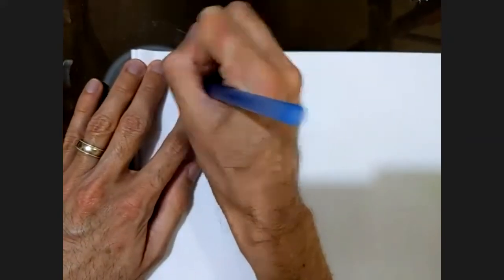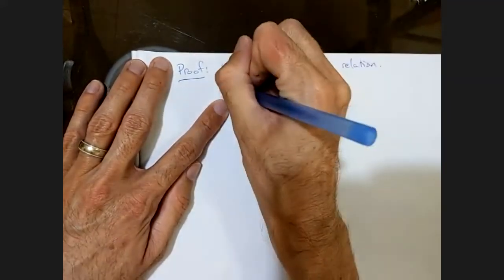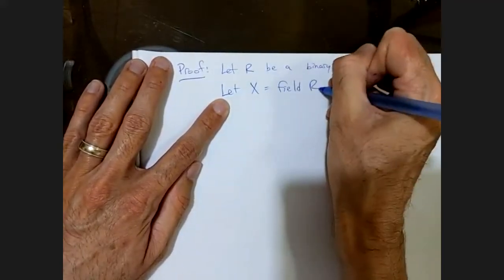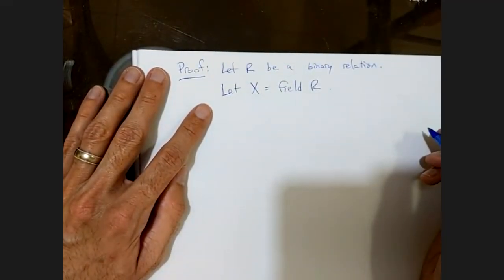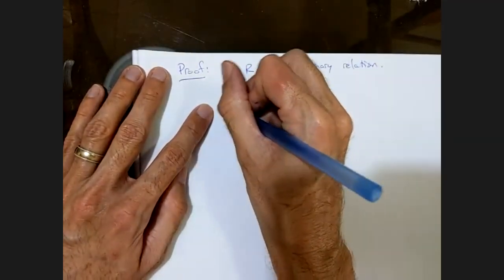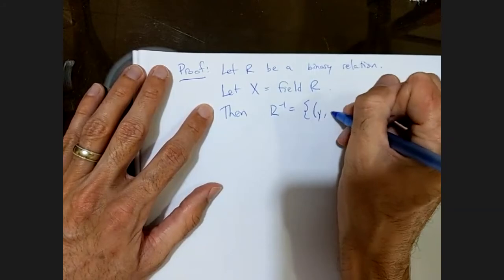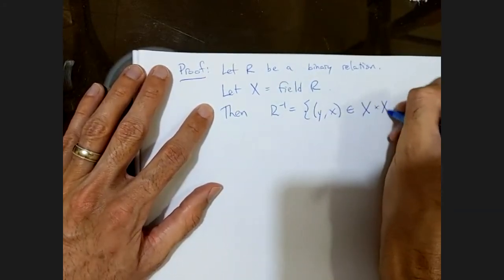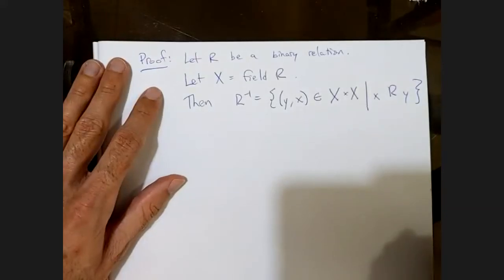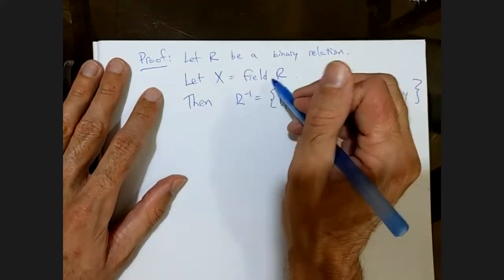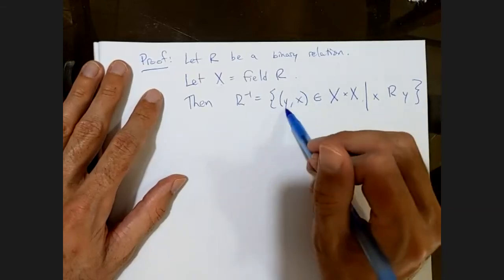Proof. Let R be a binary relation. Let X be the field of R, meaning X contains all the things which are related by R. Then notice that R inverse is all the elements of X cross X such that Y is related to X. Basically, we construct all the elements which are related by R. So R is a relation in X, and then we take from that the things that define R inverse.